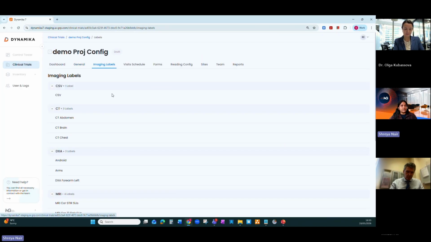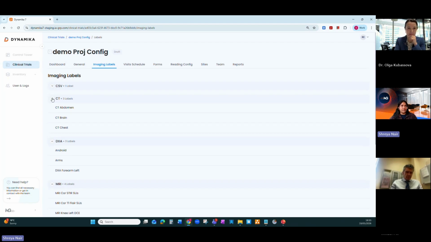We also need to configure some imaging labels, which are labels used for the quality check. The imaging specialist in the workflow would use these imaging labels to label the images that come in, and they would get moved on into the reading workflow.